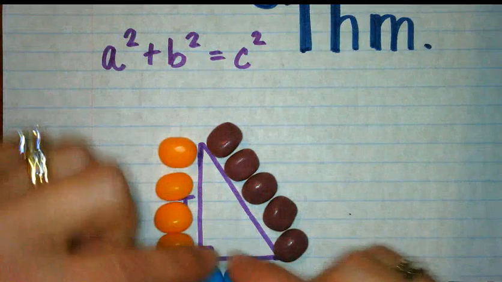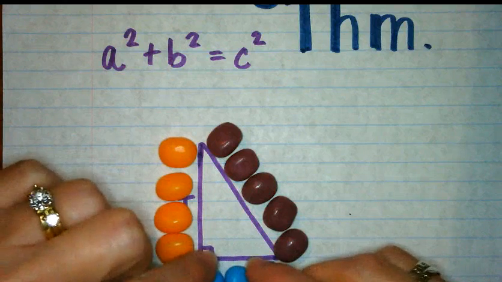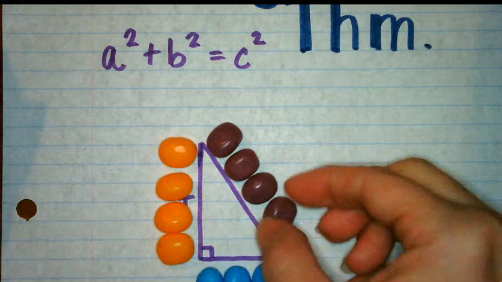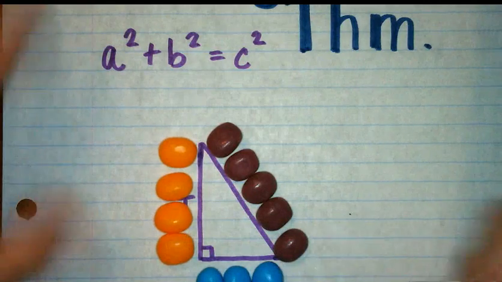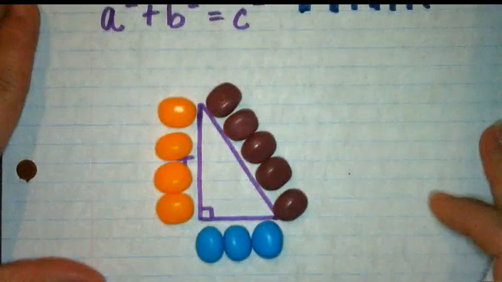So a squared plus b squared equals c squared is the only formula that works. I should mention that a and b are the legs. The hypotenuse is always side c.